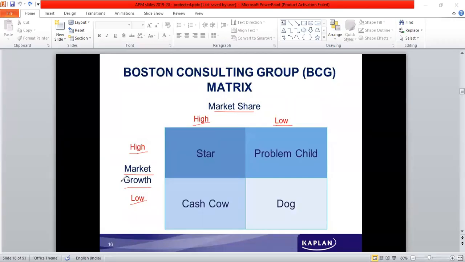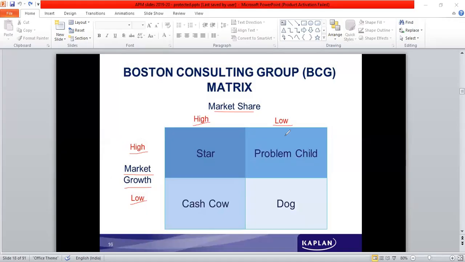Some additional investment may be needed, and along with the market, they would also have a possibility to grow. So that scope, whether it is there or not, is what we are looking at. Market share talks about the present performance. Market growth talks about the scope to do well in the future.